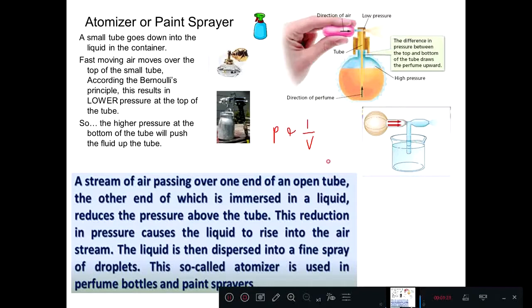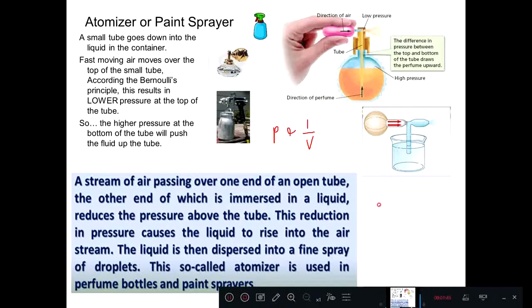Okay, so just look at this type of device. It is called an atomizer, or you can call it a paint sprayer or a perfume sprayer. These devices work based on the principle of Bernoulli.